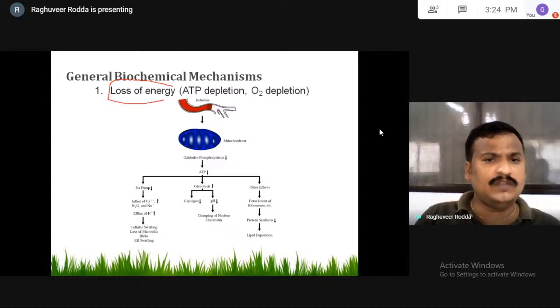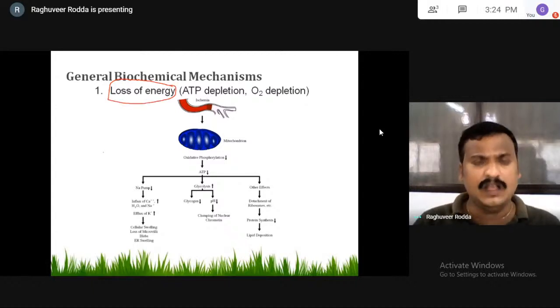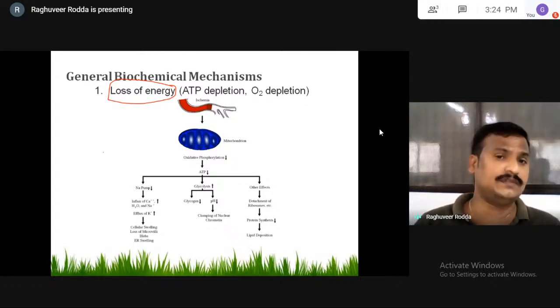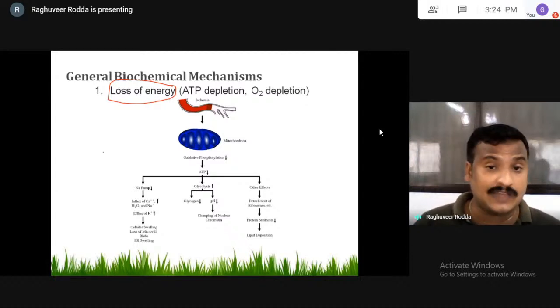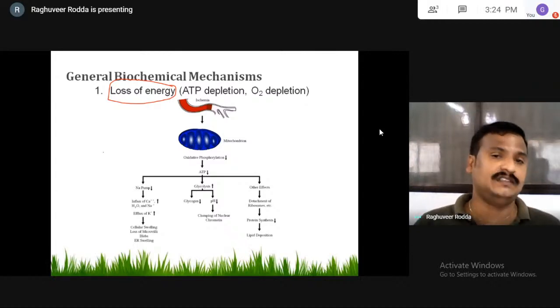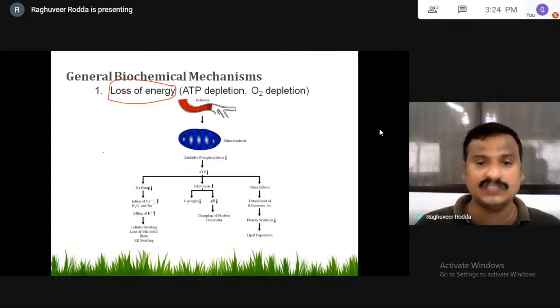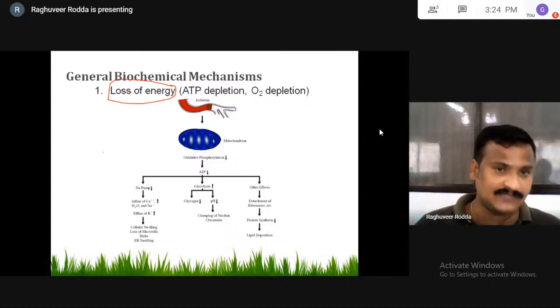How is the cell basically injured, how do cell functions stop, and how do cell structures get deformed? The first and foremost mechanism by which cell injury starts is loss of energy.